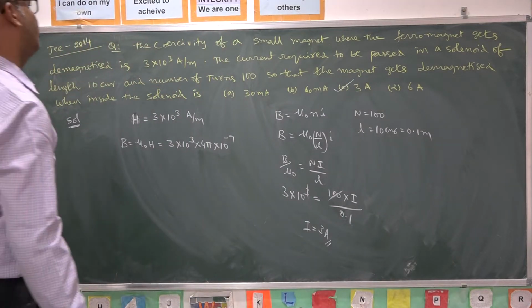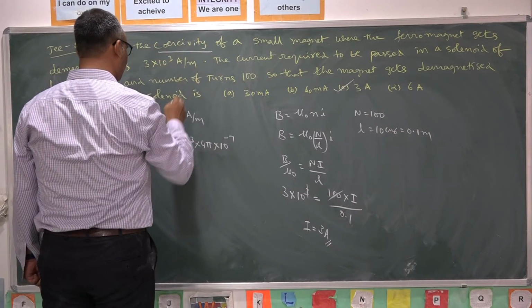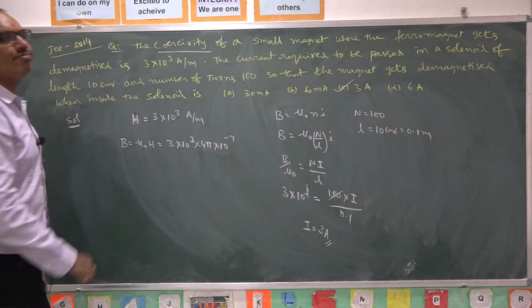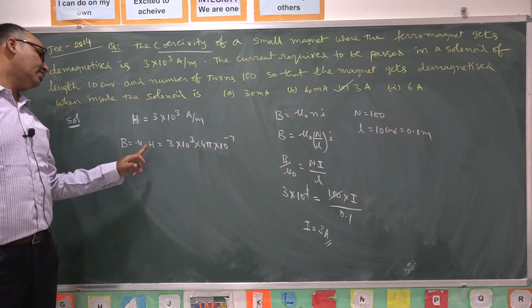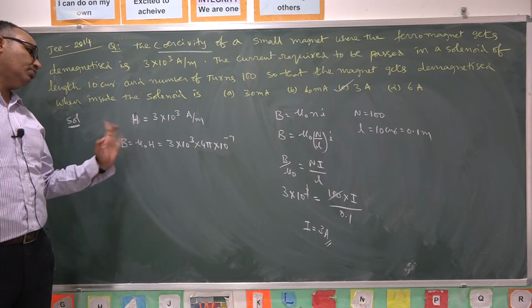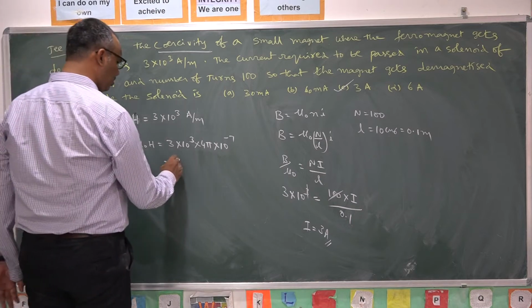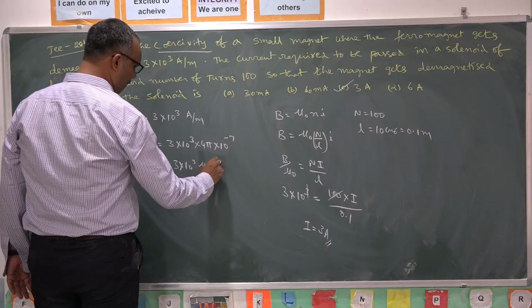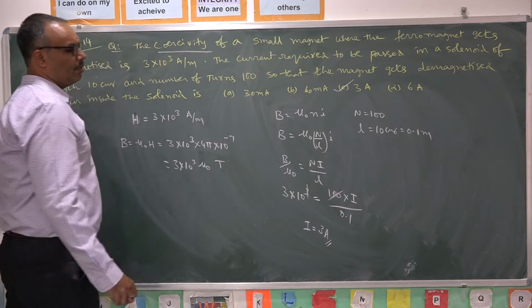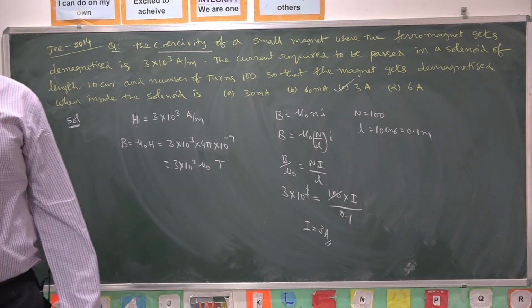In this question, coercivity is nothing but the reverse magnetizing field value. The relationship between magnetizing field and magnetic induction is B is equal to mu naught H. Otherwise, you simply write 3 into 10 cube mu naught Tesla. By substituting those values, we got the solution as 3.